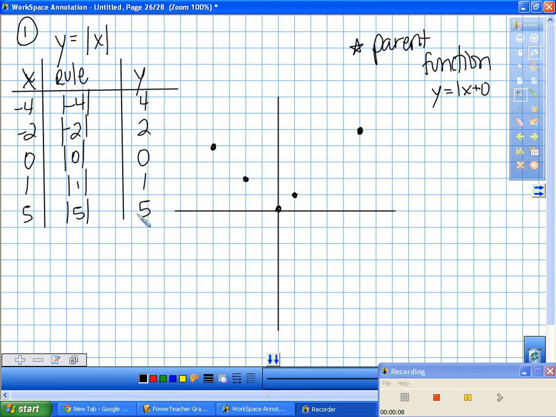And I would get the exact same looking shape if I had plugged in any other points. The absolute value graph does take the shape of a V. So our parent function looks like a V. Some things that we should notice about the parent function is that it originates at the origin.